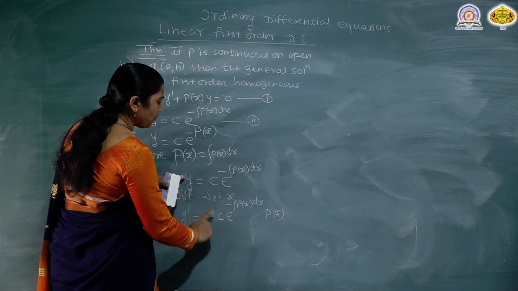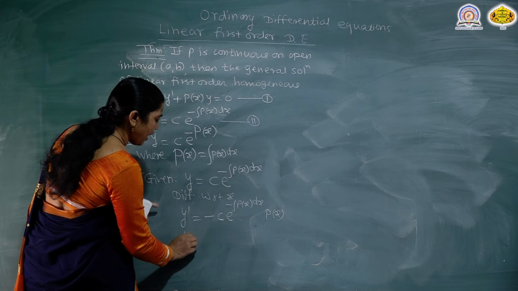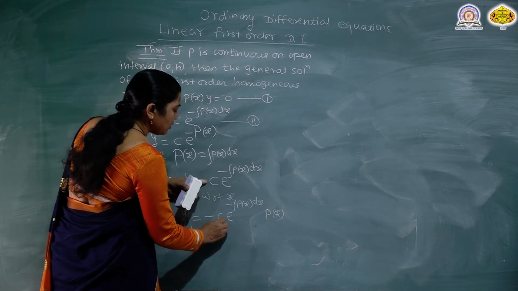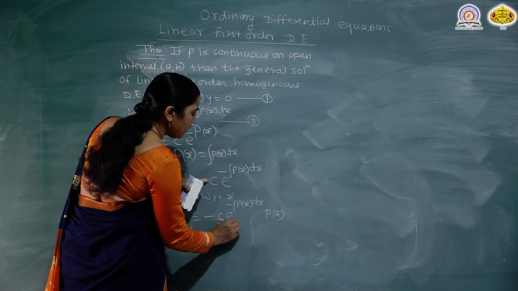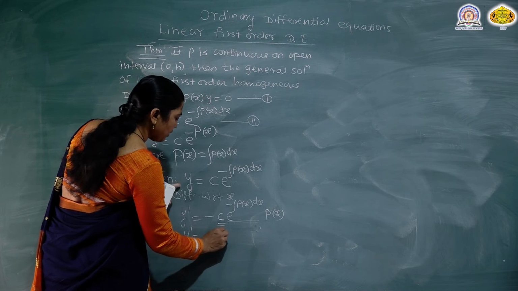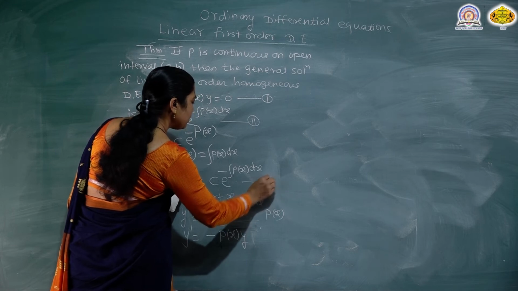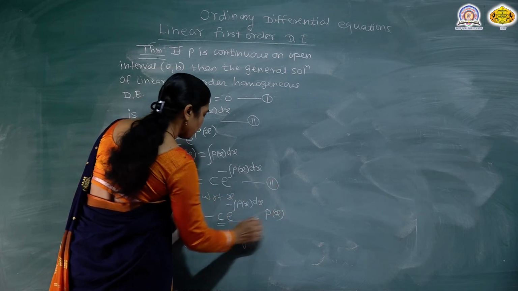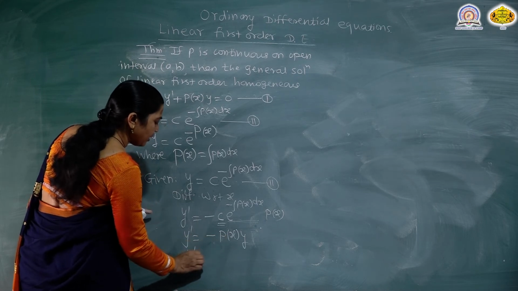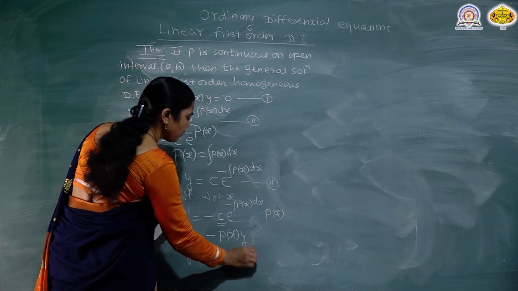But what is c e raised to minus integral px dx? It is nothing but y. So we get y dash is equal to minus this c, and e raised to integral px dx is nothing but y. So we get minus pxy. By substituting these two in this equation, we get y dash is equal to minus pxy, that is y dash plus pxy is equal to 0.